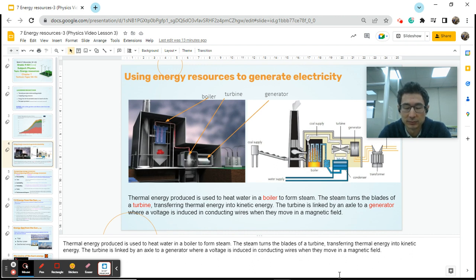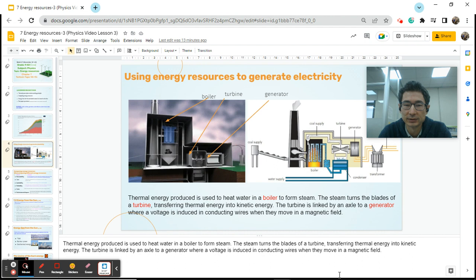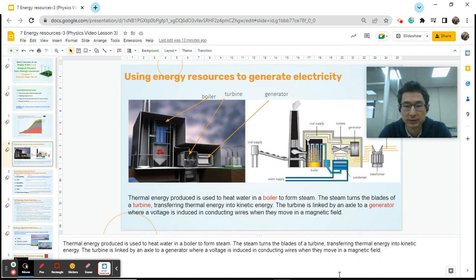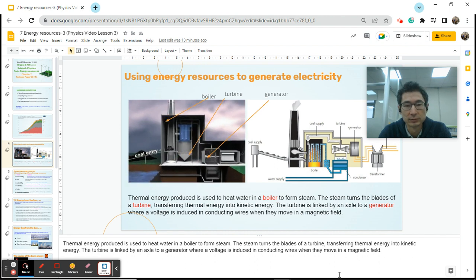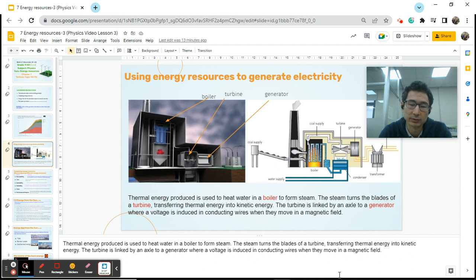So it can be used both ways, as a generator or an electric motor. It is a generator if you make electricity. It is an electric motor if you use already created or stored electricity to turn it into mechanical energy and kinetic energy, basically to drive an electric car or ride an electric scooter.